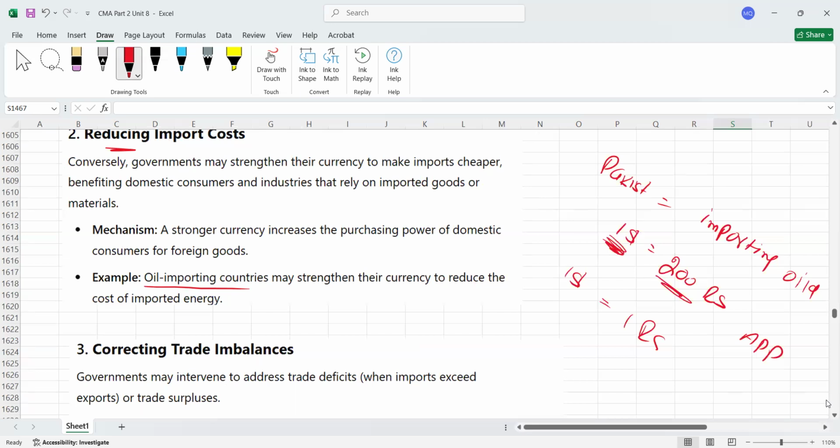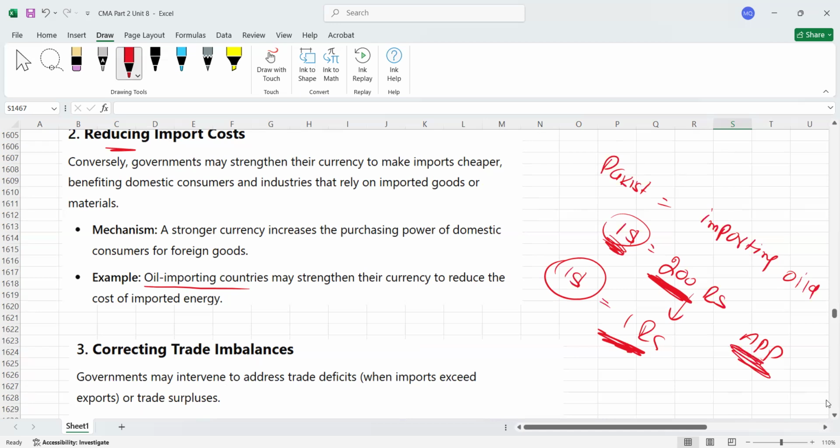It means imports will become cheaper for you if your currency appreciates, if the rupee appreciates. Previously, to buy $1 you were spending 200 rupees, and now to buy $1 you will spend only 1 rupee.